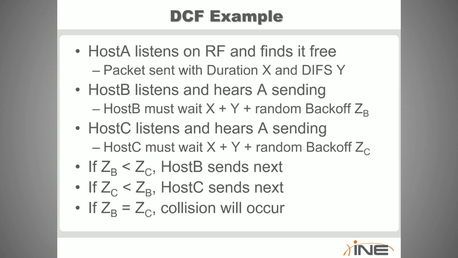Because with the RF media being the air, there's really no way to prioritize one station sending over the other. What you're doing in wireless QoS is basically allowing them to cheat when they're running the distributed coordinated function. So you're giving them a shorter interval that they have to wait after the minimum wait time, which is always the duration plus the distributed interframe spacing.